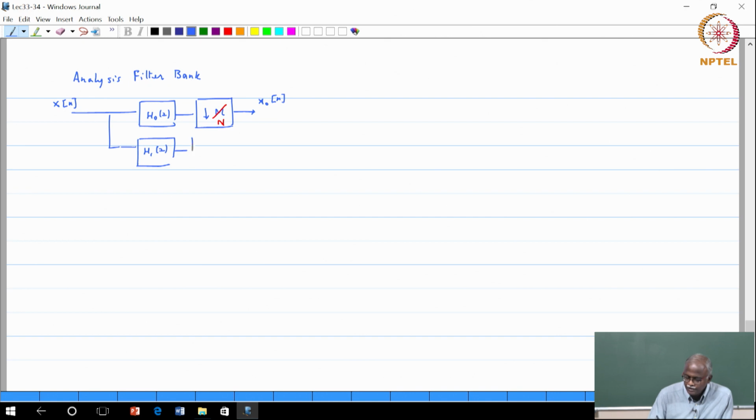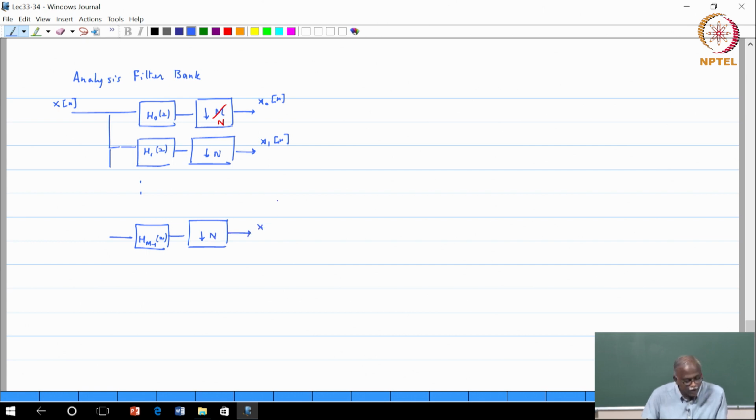H1 of z downsampled by a factor of n, this is x1 of n, and so on. The last branch is m minus 1, h m minus 1 of z, that is the last filter, again downsampling by a factor of n to obtain x of m minus 1 of n.